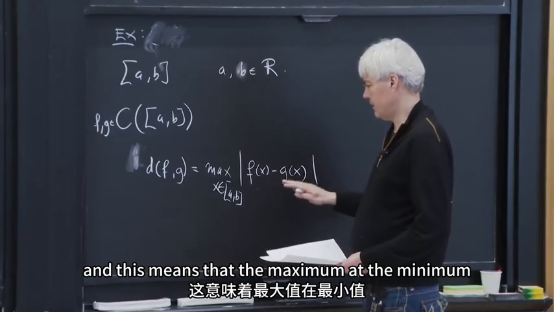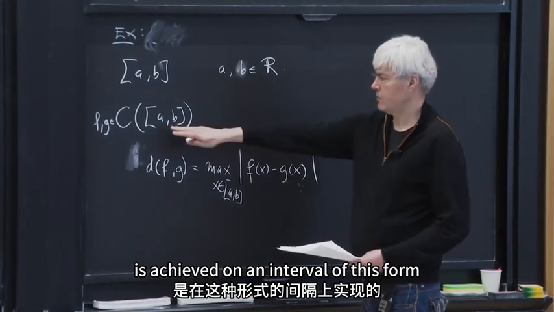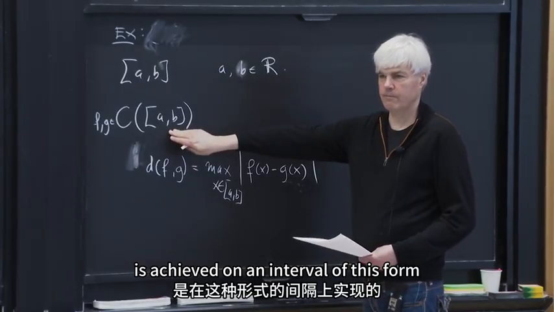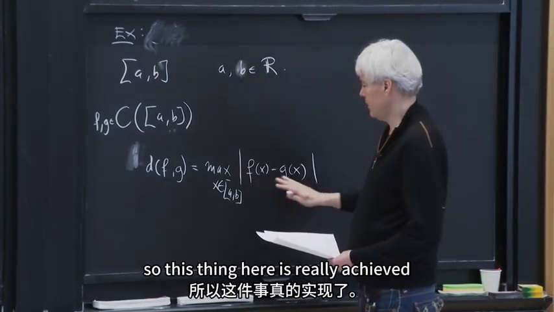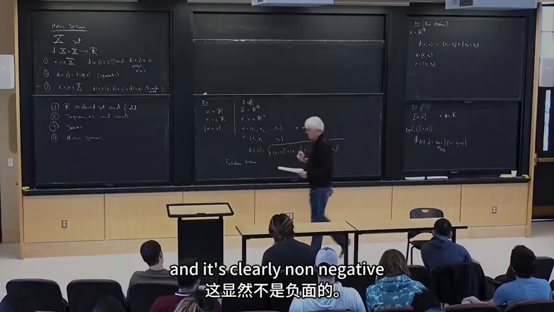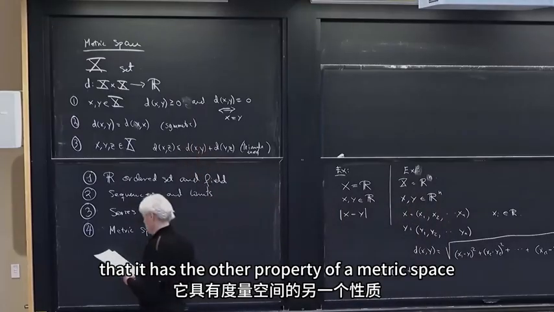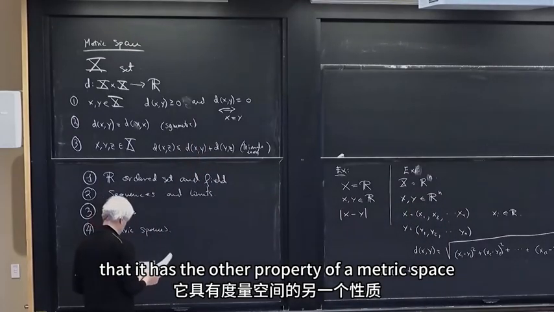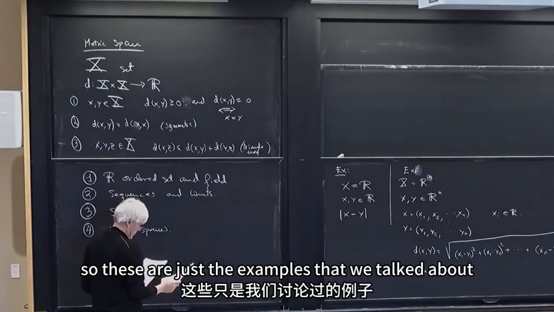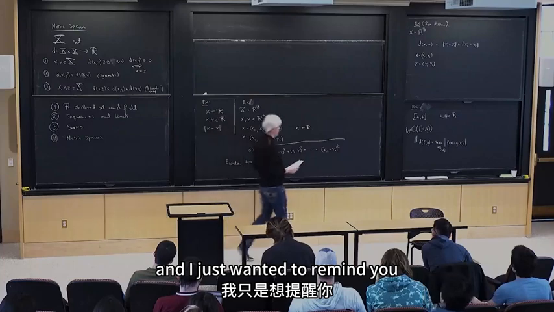And this means that the maximum, by the extreme value theorem, is achieved on an interval of this form. Right? So this thing here is really achieved. And it's clearly non-negative. And it's easy to see that it has the other properties of a metric space. Okay, so these are just the examples that we talked about. And I just wanted to remind you.